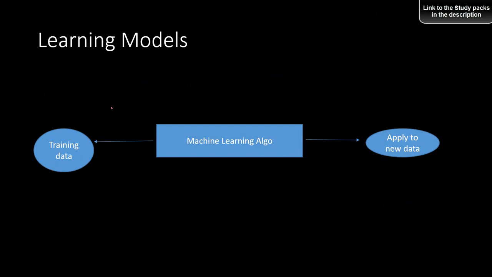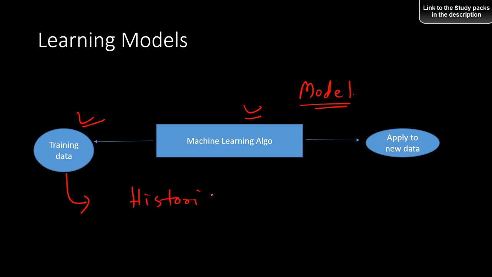A typical learning model looks like this. You give training data and use some ML algorithm, and then we build what we call a model. Training data is historical in nature, so we know for sure what my factors are and what my target is. We denote them as x and y.